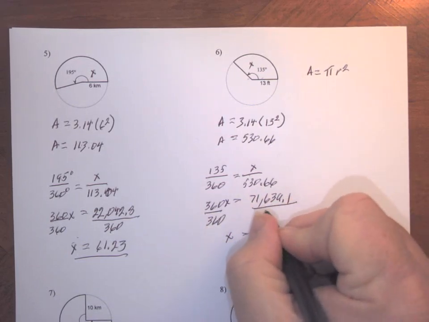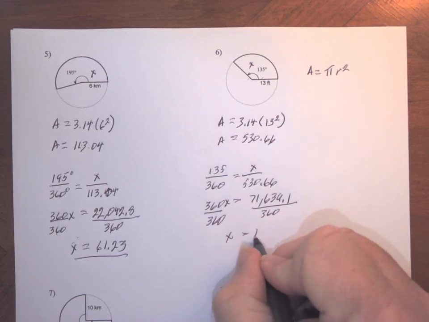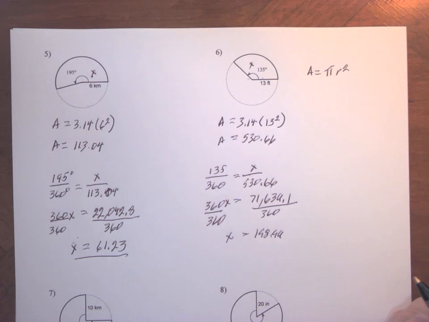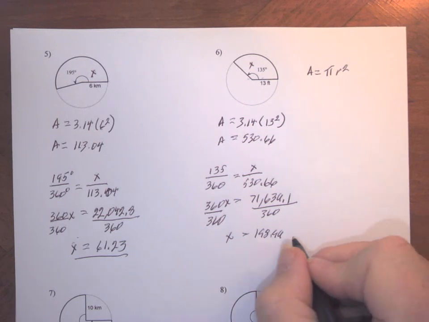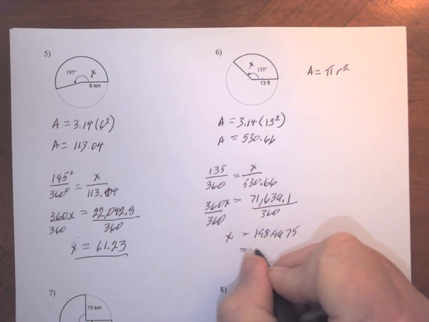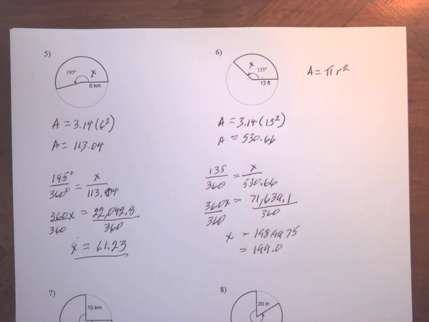We divide that by 360 and we end up with 198.99, so x is going to be equal to 199.0. Okay, because it's going to round up.